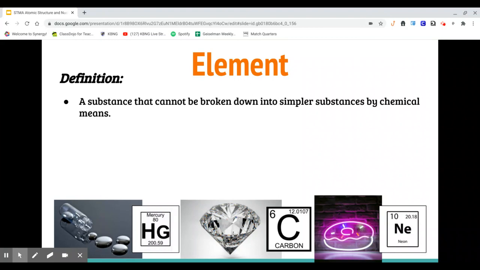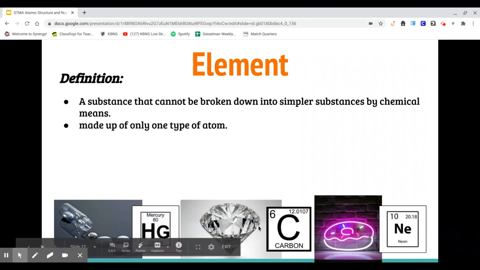It's going to behave like a whole bunch of oxygen would if introduced to a different situation or a different substance. So an element is the simplest substance that cannot be broken down into anything smaller and still retain those chemical properties. An element is only made up of one type of atom.